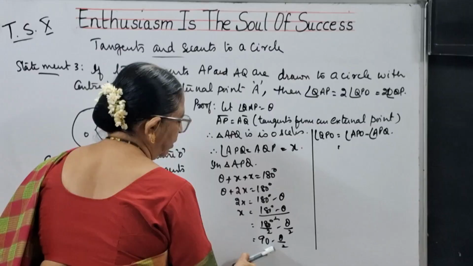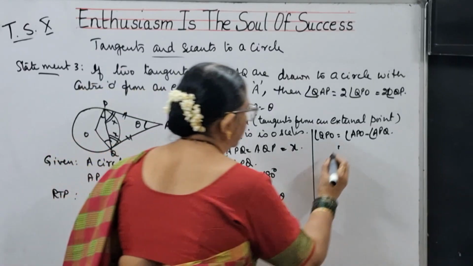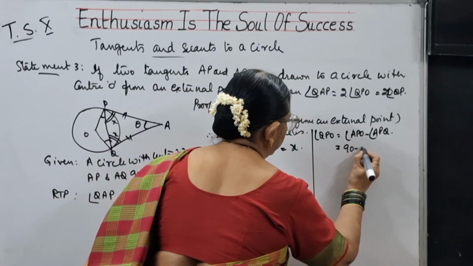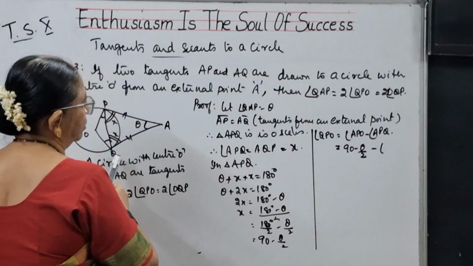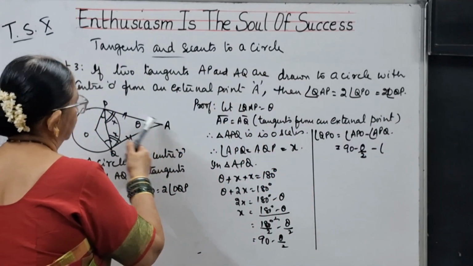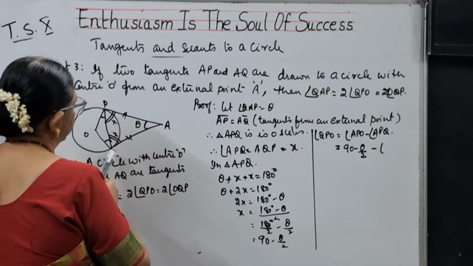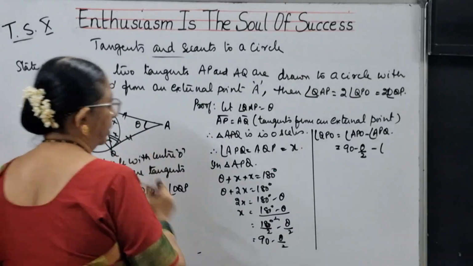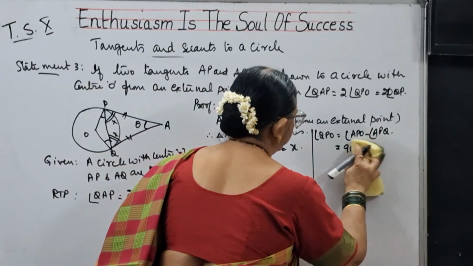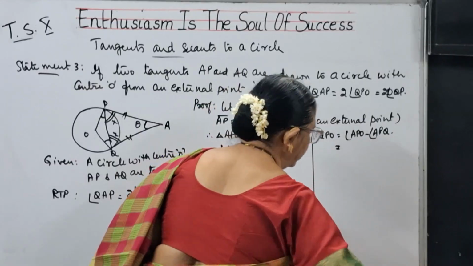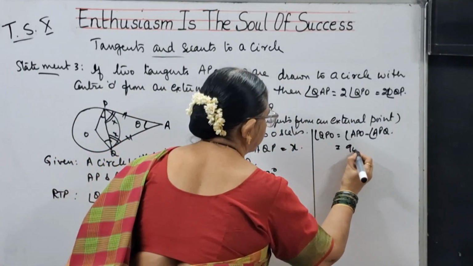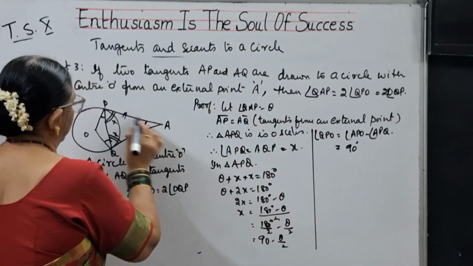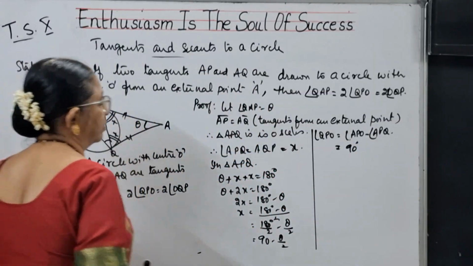So angle APO is x, and x means 90 minus theta by 2. So this is 90 minus theta by 2 minus angle APQ. Sorry children, here angle APO is 90 degrees. Why? Tangent is perpendicular to radius.